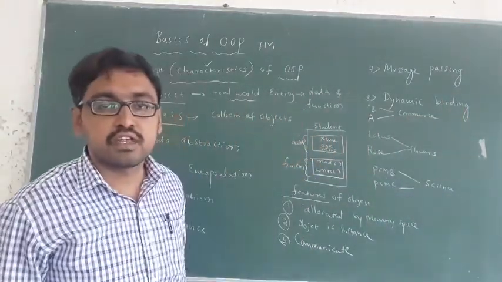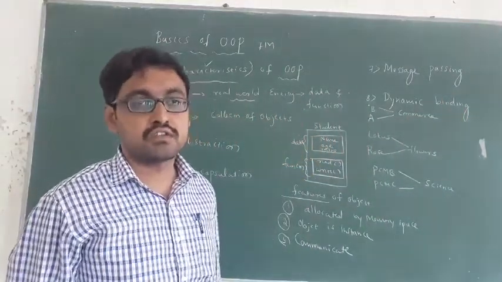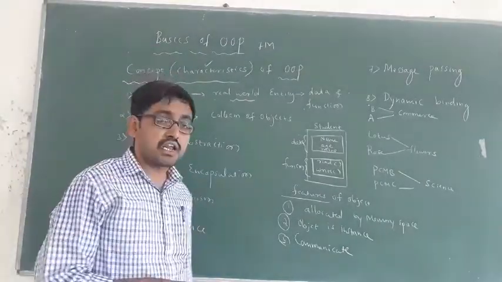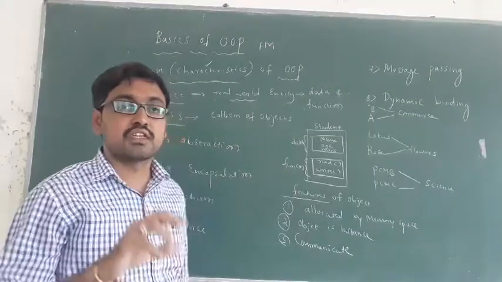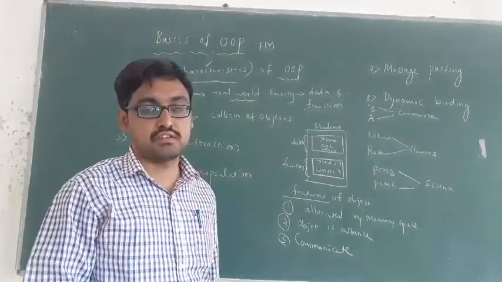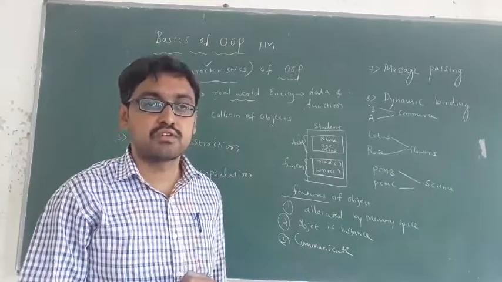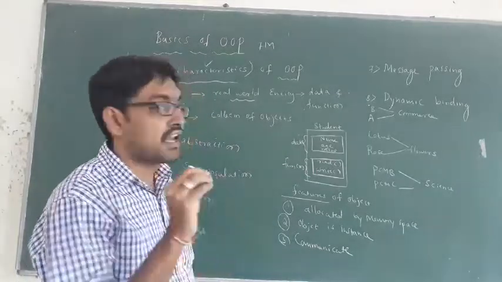These are the objects of class commerce. Okay, this is the example for a class. Class means nothing but a collection of objects which have common features. That is called a class.